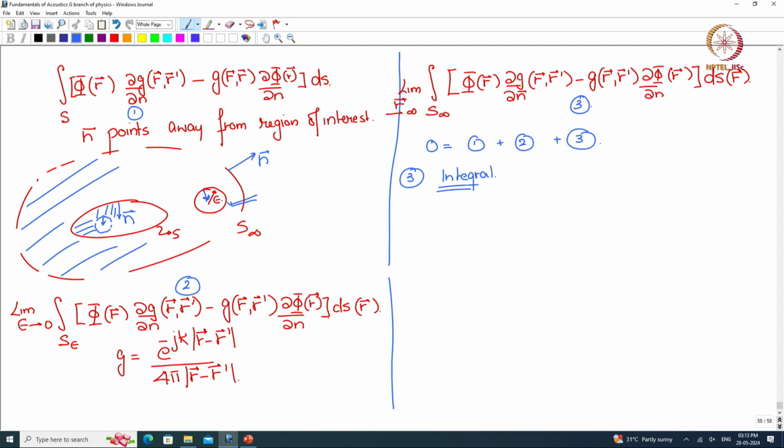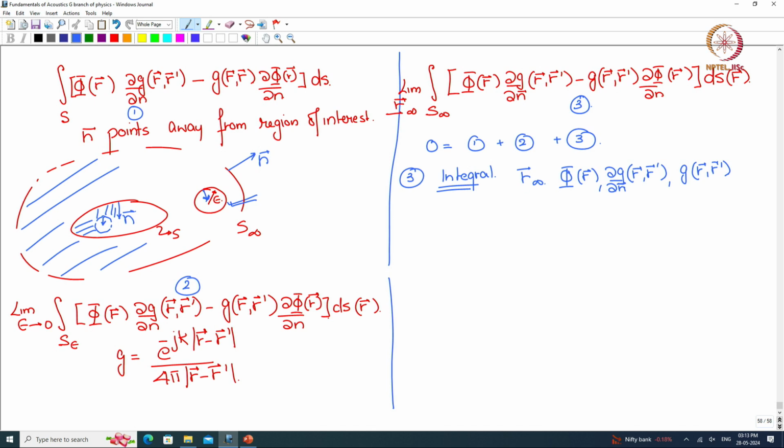Okay, and the third integral, I mean, we are taking r to infinity. That means we are taking values of these well behaved functions to infinity.